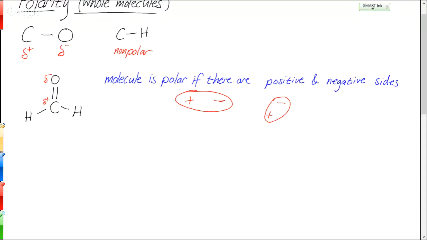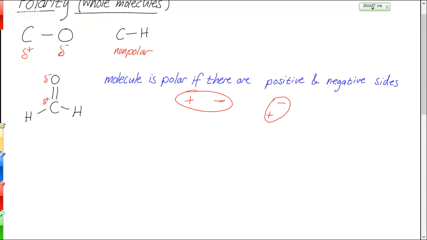So then once we've added all of the partial charges onto the molecule, then we say, all right, well, can we separate this molecule and draw a line through it so that it has a negative side and a positive side? So what do you think? Can we draw a line through this molecule and give it a negative side and a positive side? Yeah?